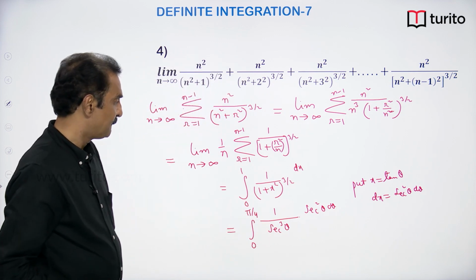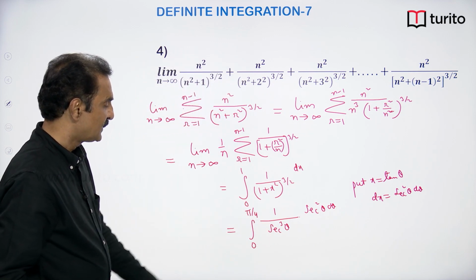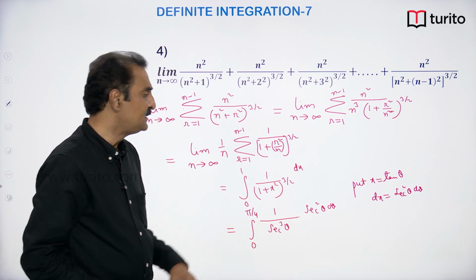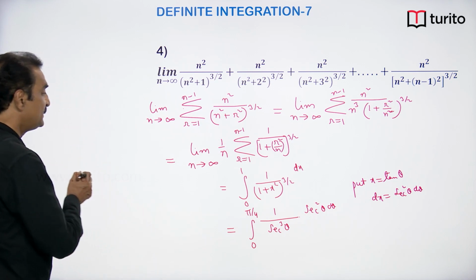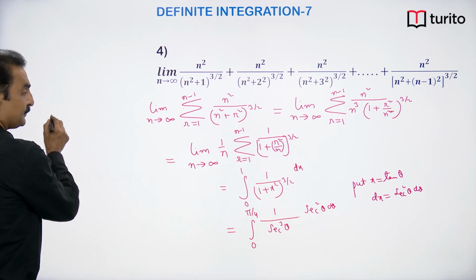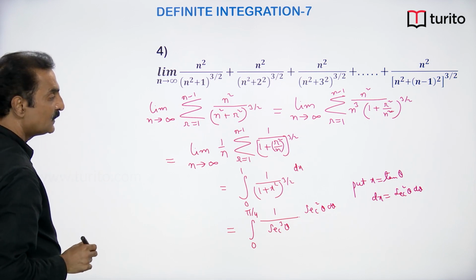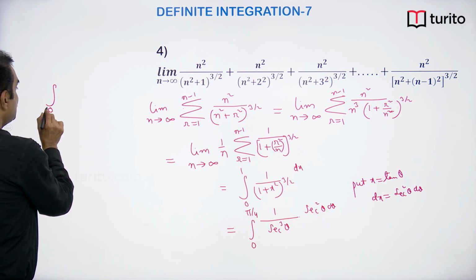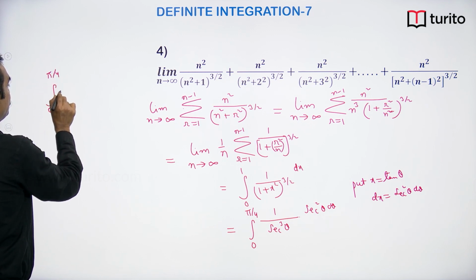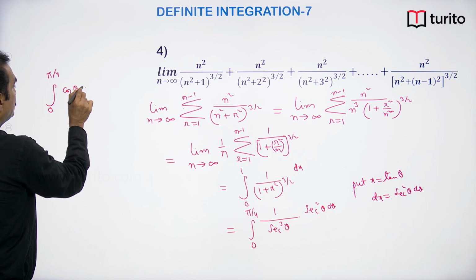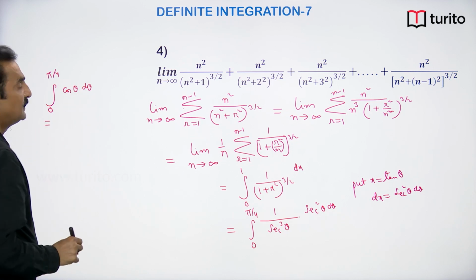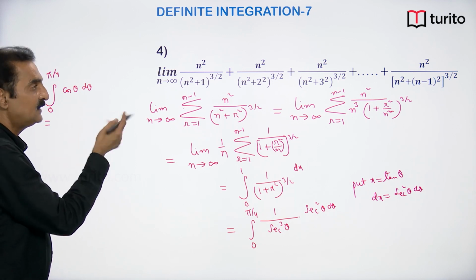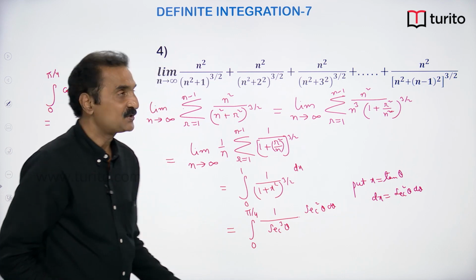Then what is it? 1 by secant theta is remaining, that is cos theta. You know how to calculate this integral. Integral of cos theta is sin theta, and calculate the limit. We will proceed to next question.